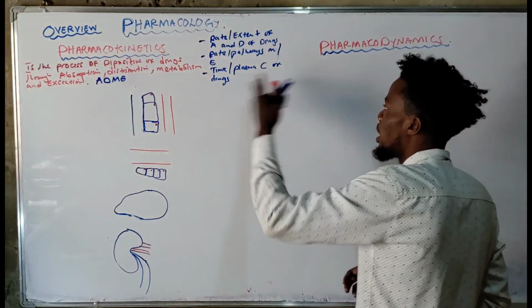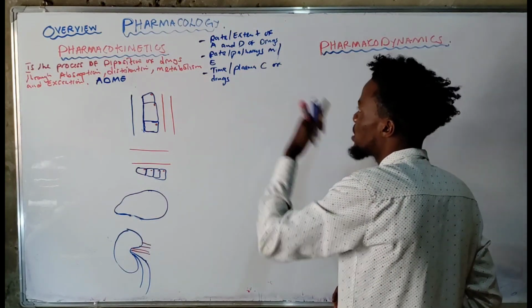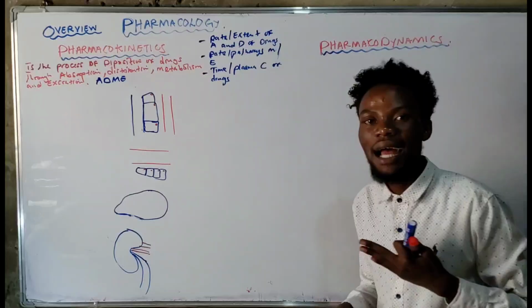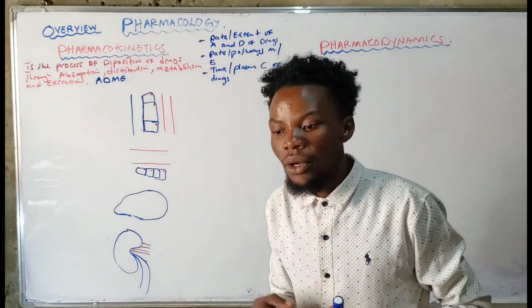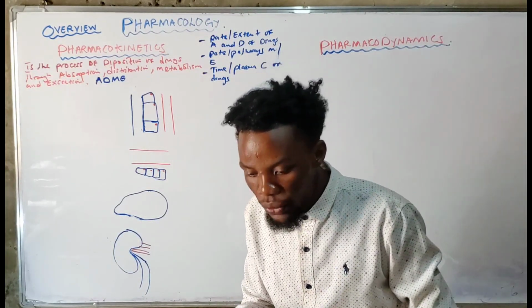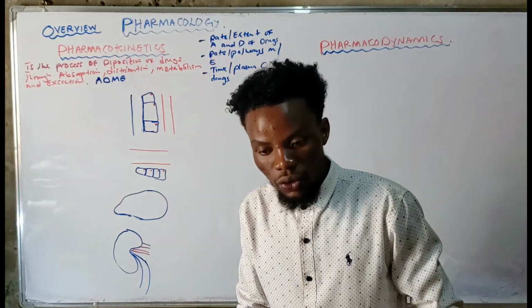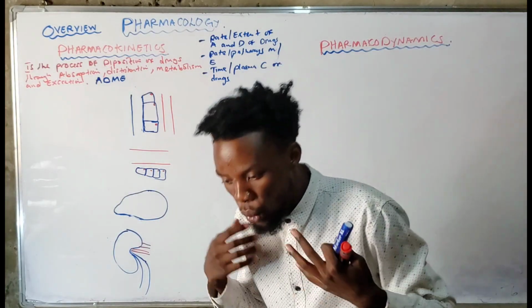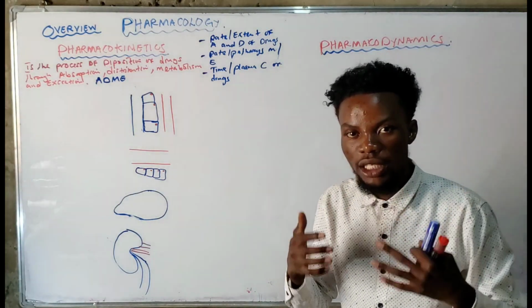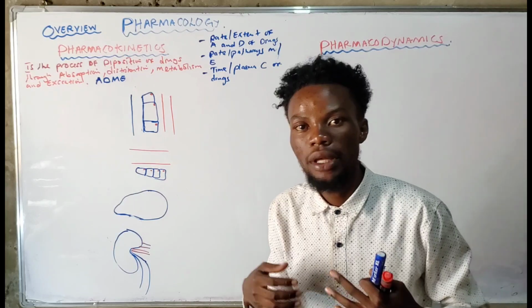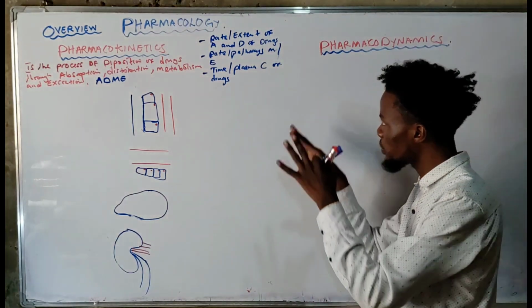No wonder time and plasma concentration are a very important aspect when comparing the two. It tells you when to give the dosage of the drug, and it tells you that the drug is being eliminated from the plasma.